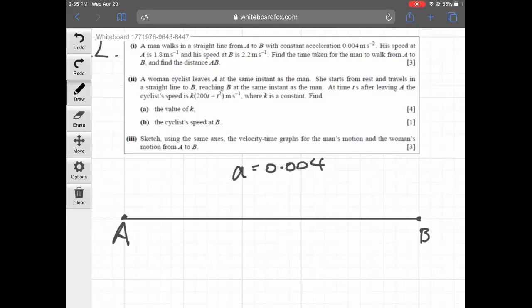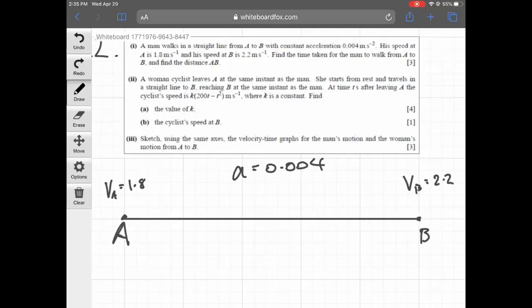So that means that his speed is increasing as he goes. So his speed at A is 1.8. So V of A is 1.8. And his speed at B is 2.2.